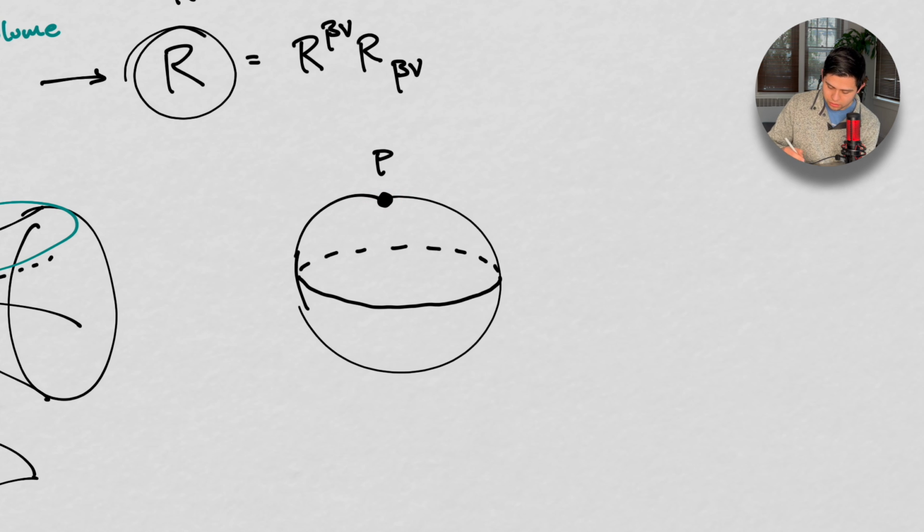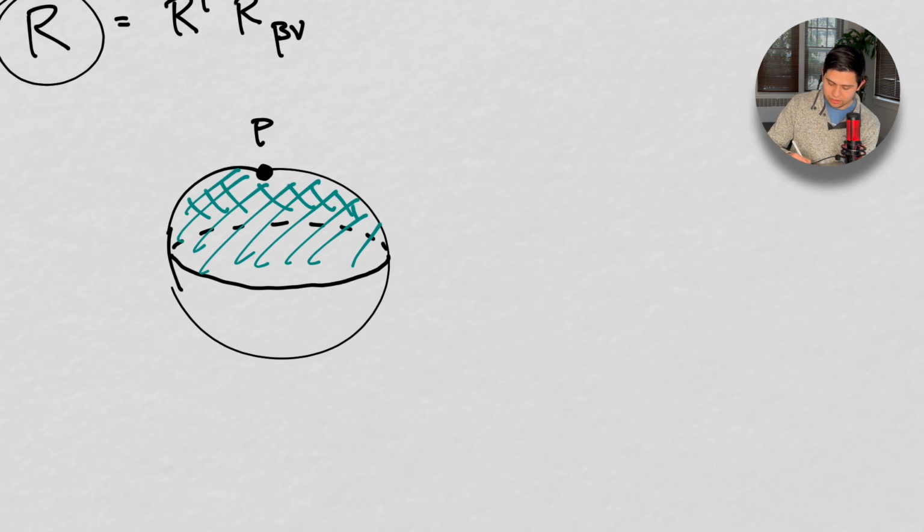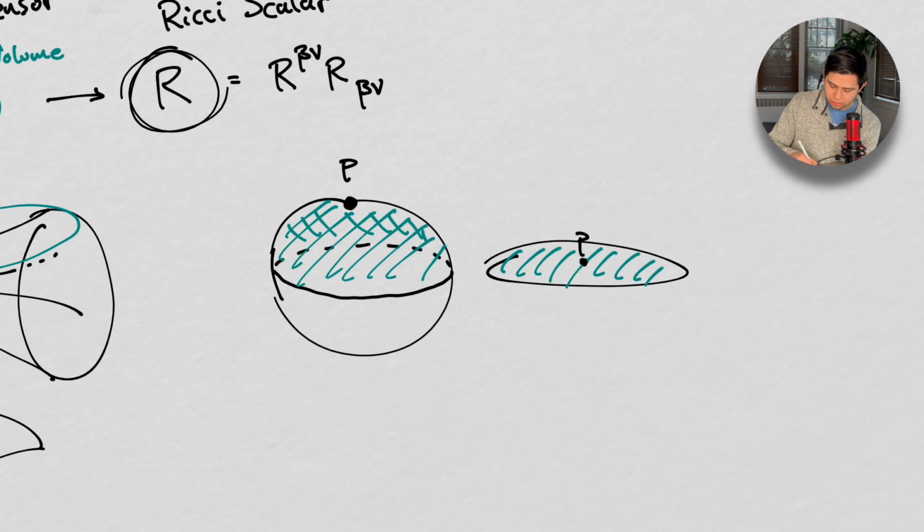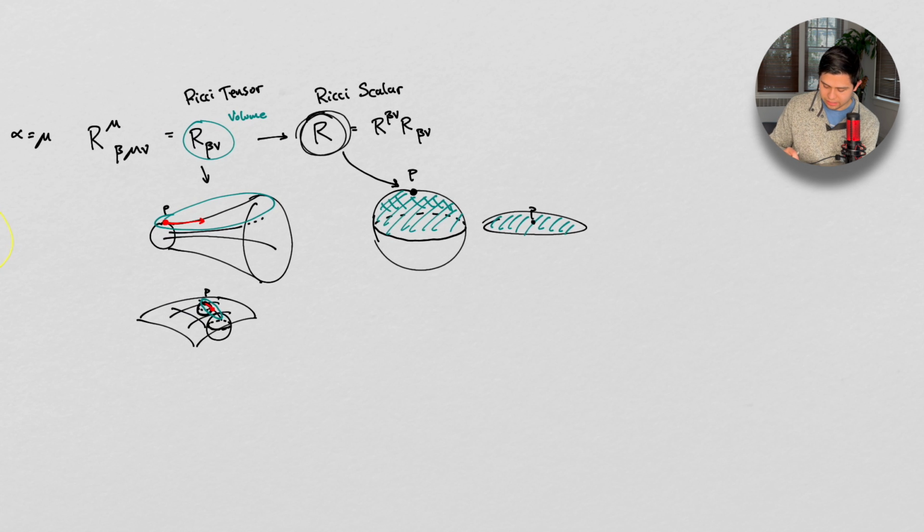Well, this area here, since this is a curve, it's going to deviate from the area if it was flat. So here's point P. What the Ricci scalar is going to tell us is how much this area deviates from flatness if we're standing at some point.